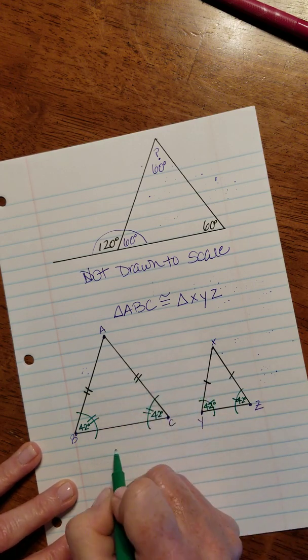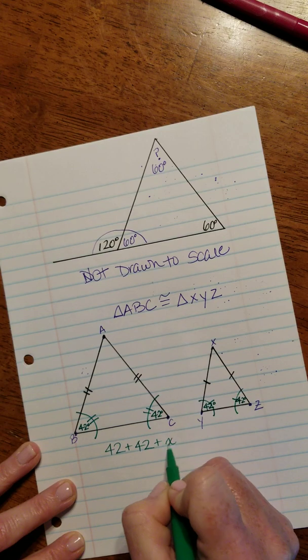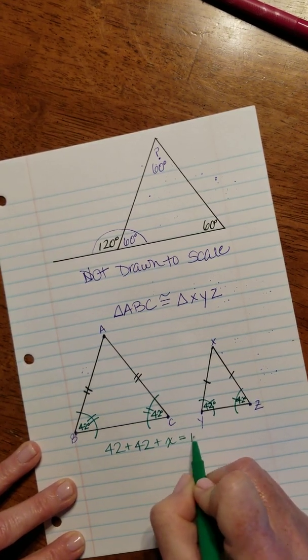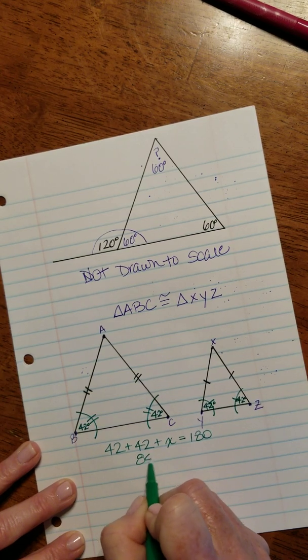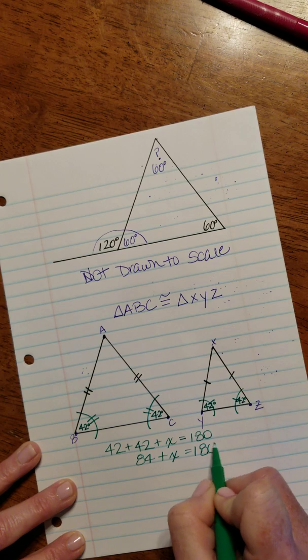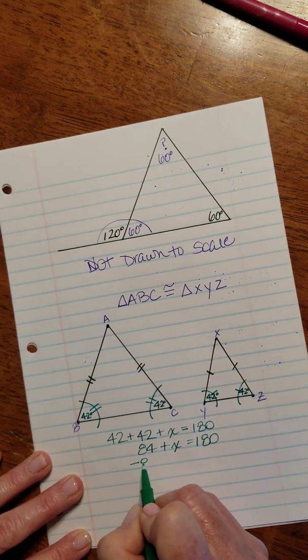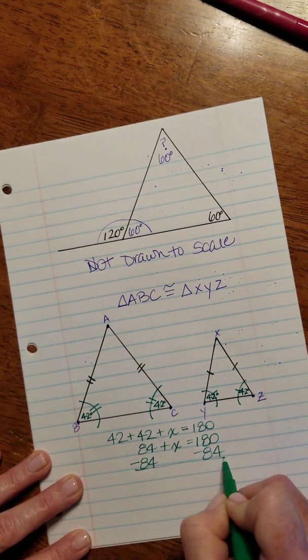So in other words, we know that 42 plus 42 plus x is going to give us 180 degrees. So now we have 84 plus x is going to equal 180 degrees. We subtract 84 from both sides.